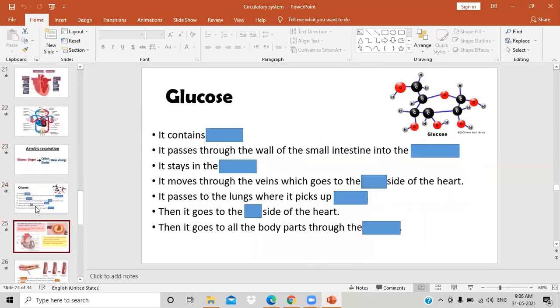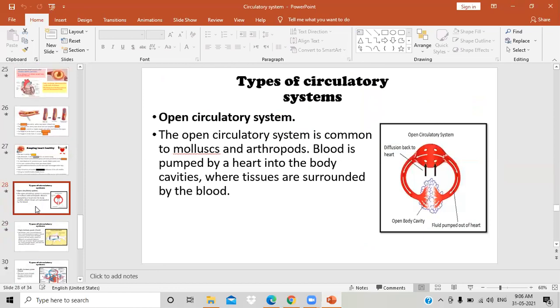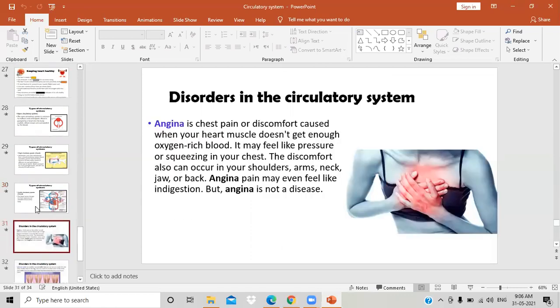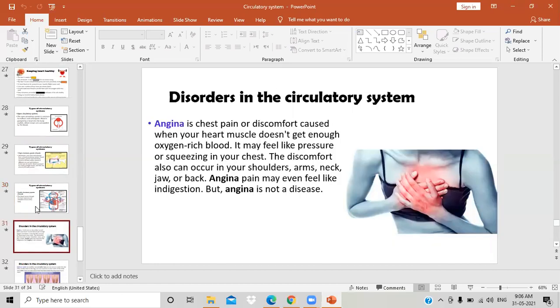The last thing that we are going to talk about is the types of diseases or disorders that may affect your circulatory system. Number one is something called angina.